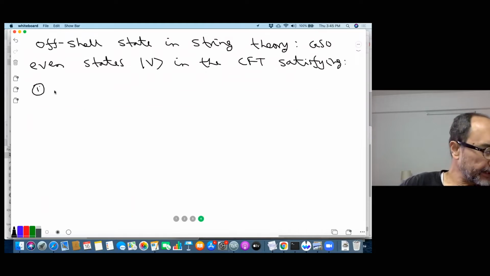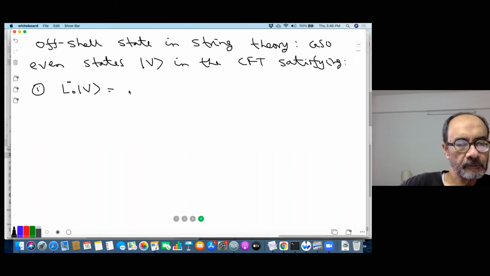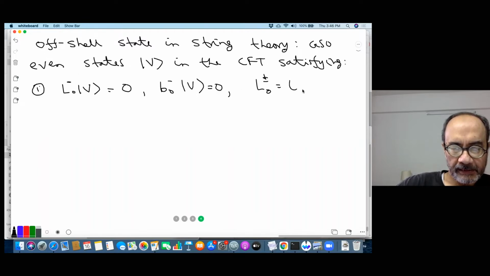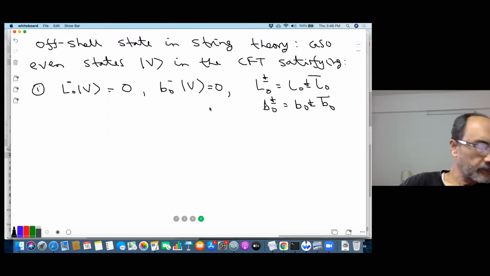First is what we have already seen in the bosonic string theory, that L0 minus and B0 minus on V vanish. Okay, and let me remind you, L0 plus minus is L0 plus minus L0 bar, B0 plus minus is B0 plus minus B0 bar. So this was the only constraint we have in bosonic string theory, for off shell states.